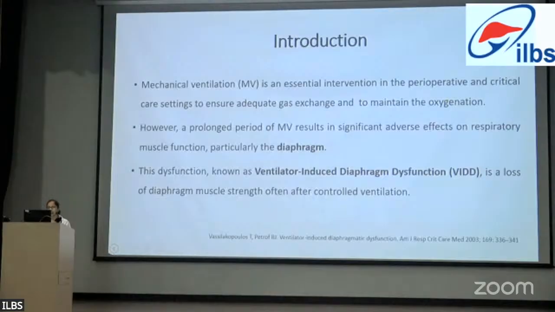Mechanical ventilation is an essential intervention in the perioperative and critical care settings to ensure adequate gas exchange and maintain oxygenation. However, prolonged mechanical ventilation results in significant adverse effects on respiratory muscle function, particularly the diaphragm. This is known as ventilator-induced diaphragmatic dysfunction, defined as a loss of diaphragm muscle strength, often after controlled mechanical ventilation.